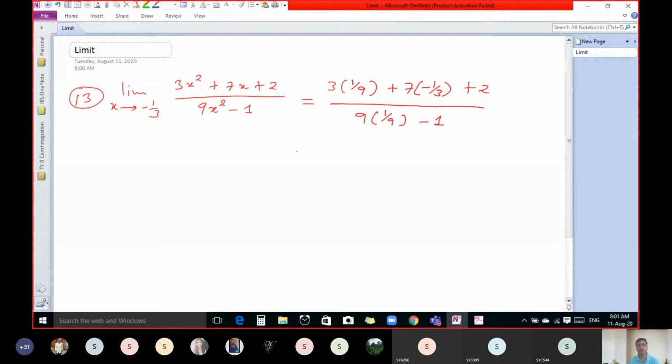So if we simplify, here we get 1 by 3 minus 7 by 3 plus 2, and in the denominator if we cancel 9 we get 1 minus 1. So in the denominator obviously we have 0, and in the numerator, 1 by 3 minus 7 by 3 is minus 6 by 3, which is minus 2. Minus 2 plus 2 we get 0. That indicates we have 0 by 0.